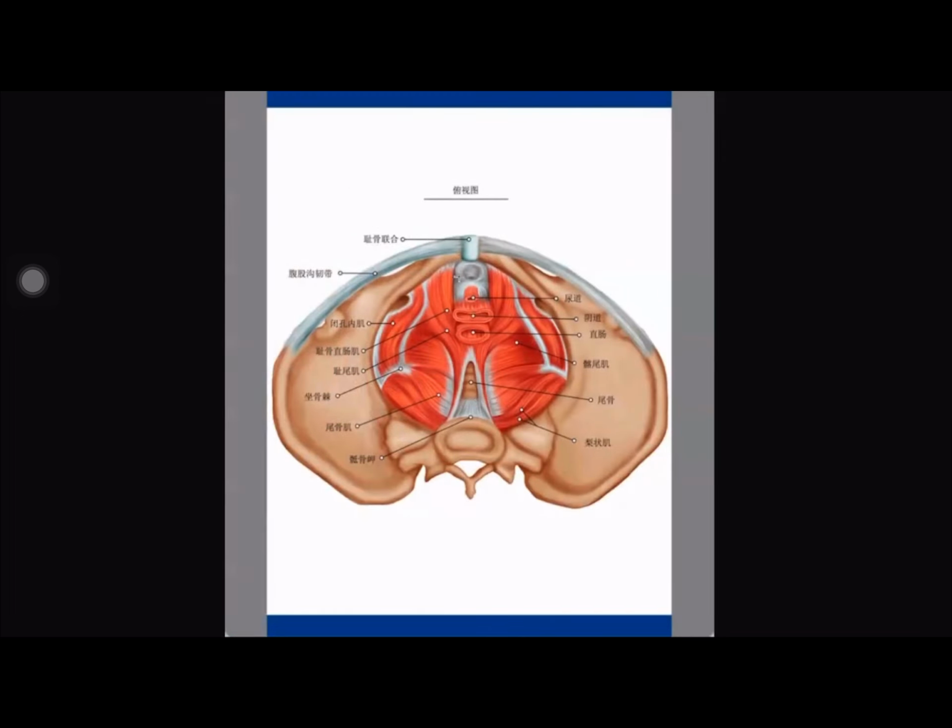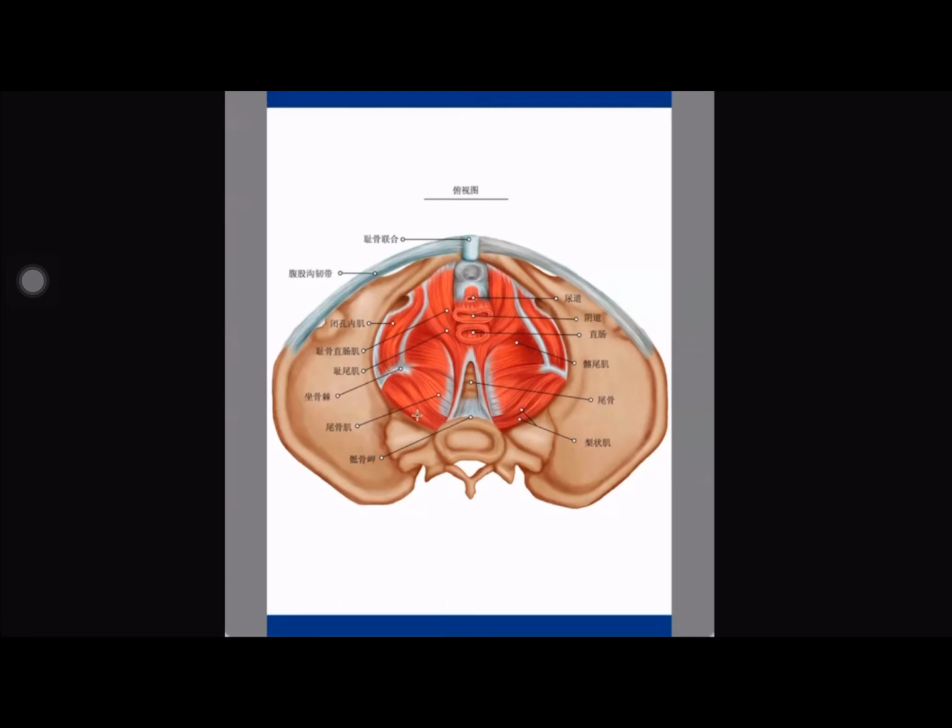You can see back here is the sacrum and the tailbone. And the muscles are attached to that area. They're also attached at the sides of the pelvis and the front.